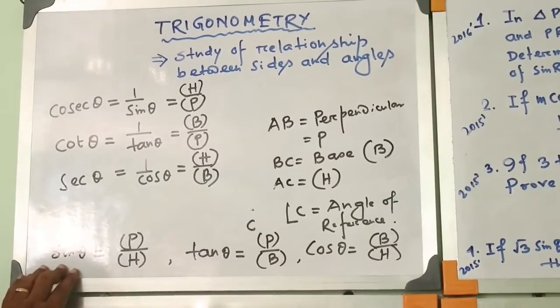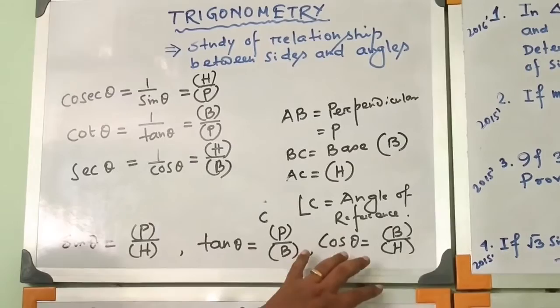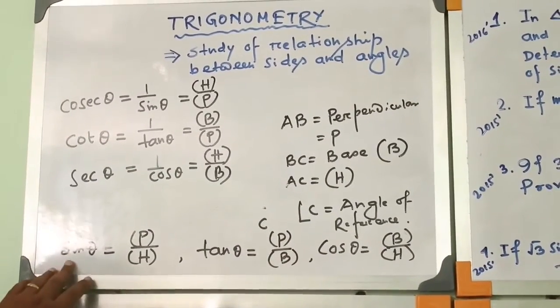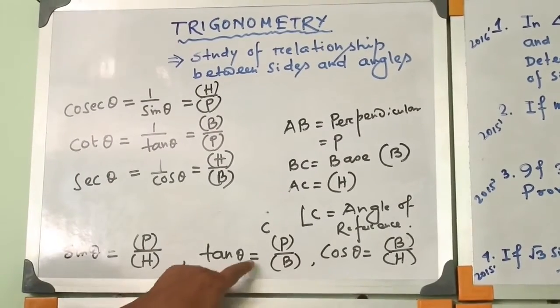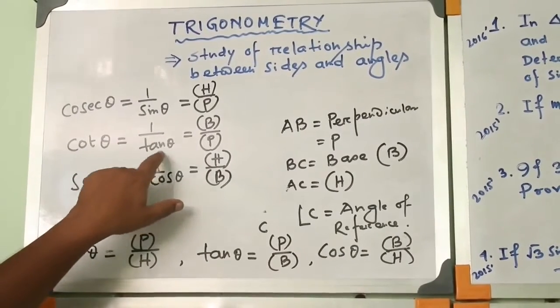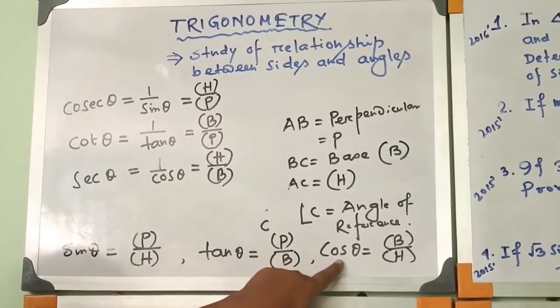The trick is that if you remember sin theta, tan theta and cos theta, from that you can easily derive cosec theta, cot theta, sec theta. Because sin theta is equal to P by H, cosec theta is equal to H by P. If you know tan theta is equal to P by B, you can easily derive cot theta, which is equal to 1 by tan theta, is equal to B by P. Sec theta is equal to 1 by cos theta.